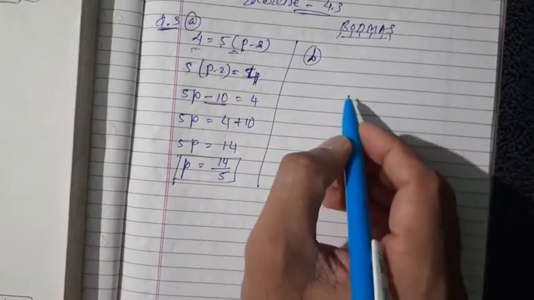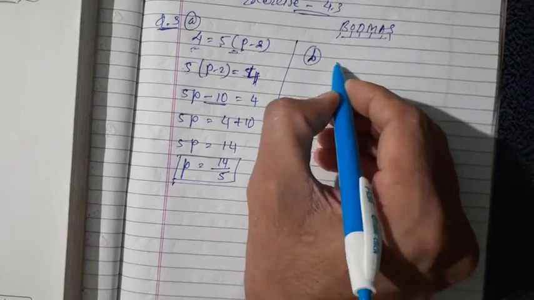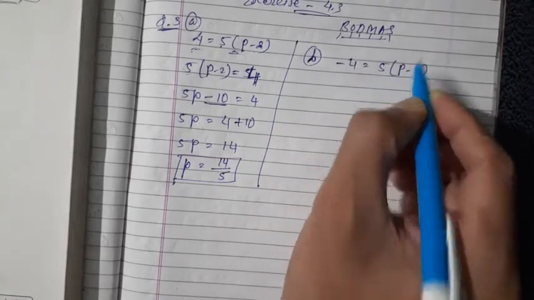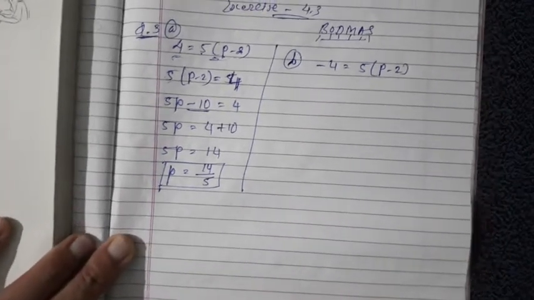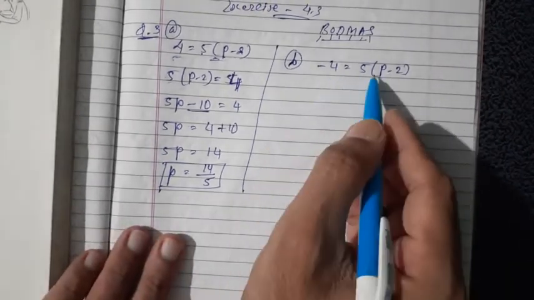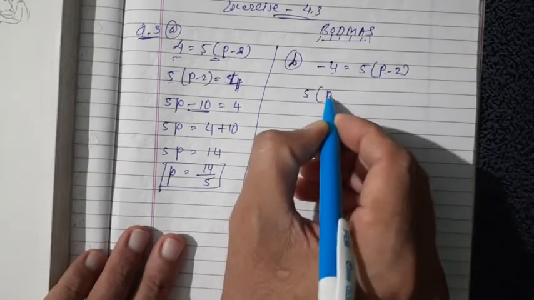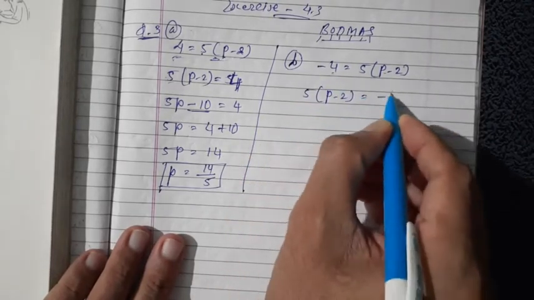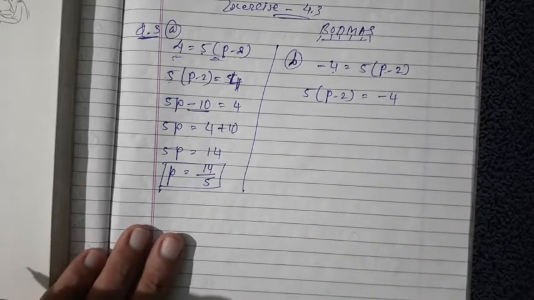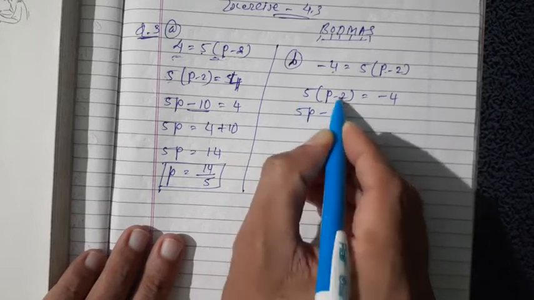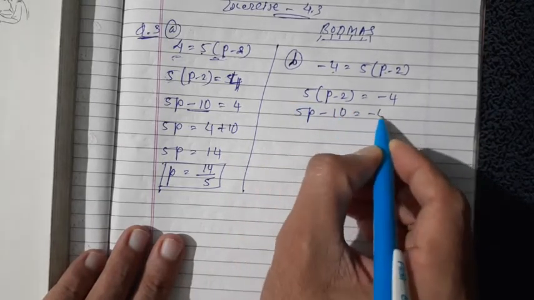Look at B: −4 = 5(P − 2). Again we change the sides of both. So 5(P − 2) = −4. Now remove that bracket: 5P − 10 = −4.